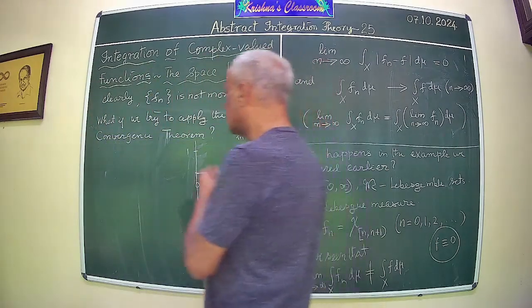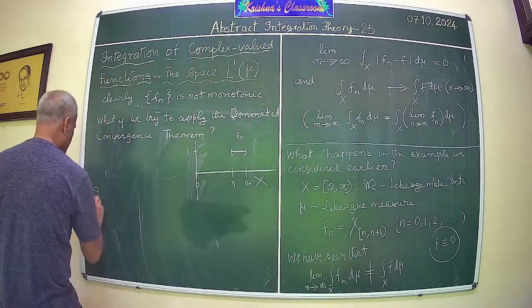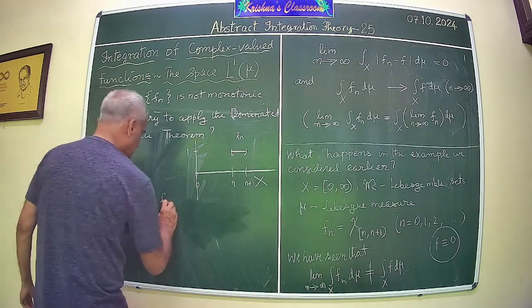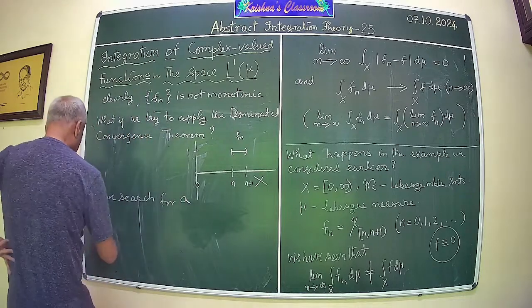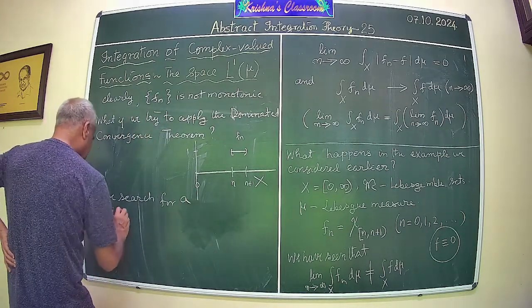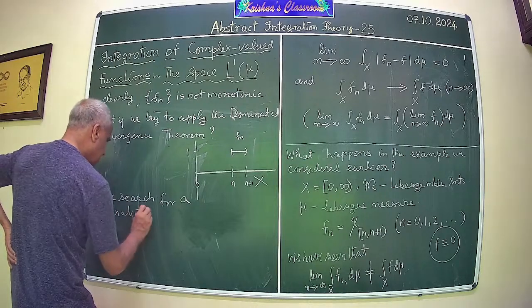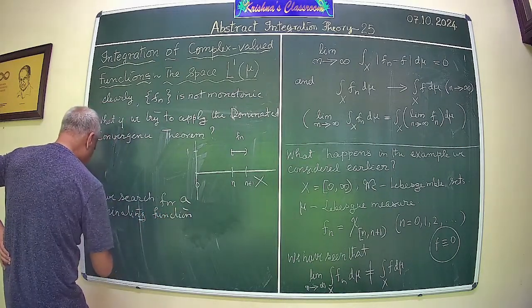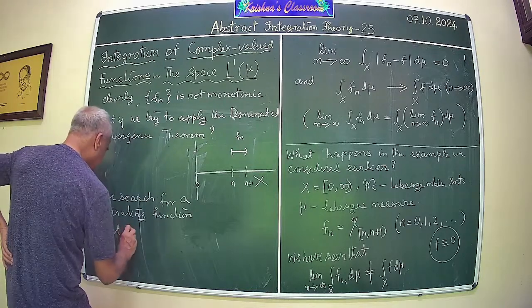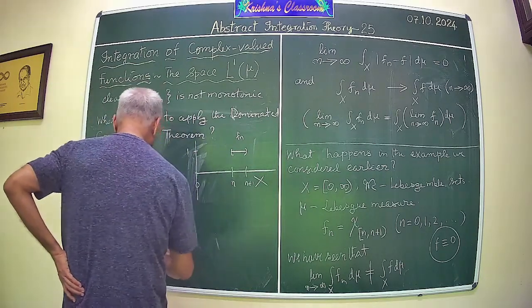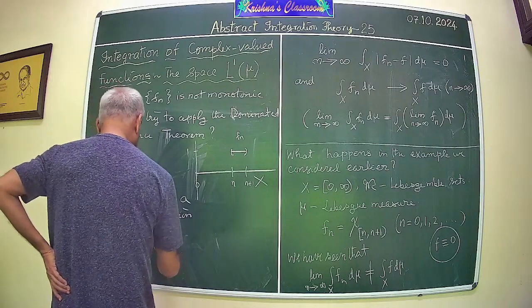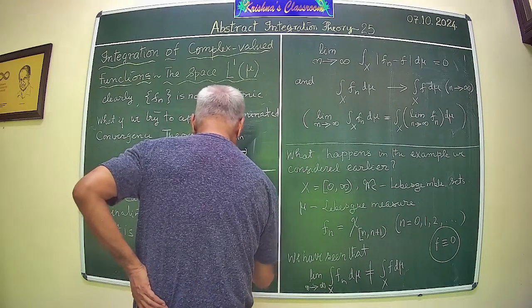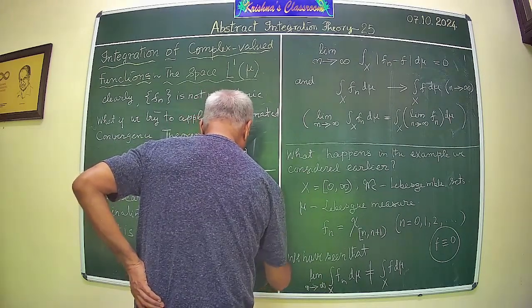But what happens is, if we look for a dominating function, then it is equal to 1 for every x belonging to zero to infinity.